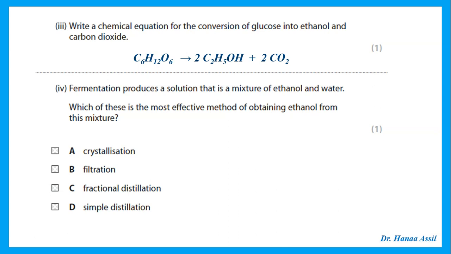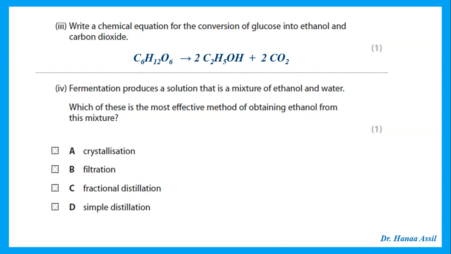We put it in front of the CO2. Now we count the oxygens. Remember, leave the oxygens till the end. We have 6 oxygens before the arrow. How many oxygens do we have after the arrow? We have 2 in ethanol and 4 in the 2 CO2s. So 4 plus 2, that's 6. So this is balanced.